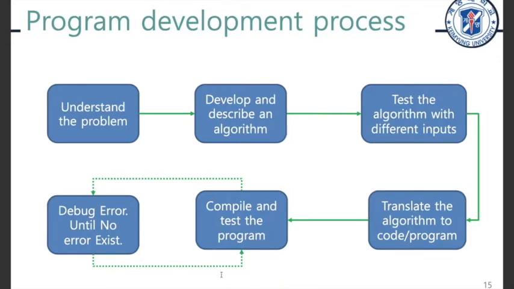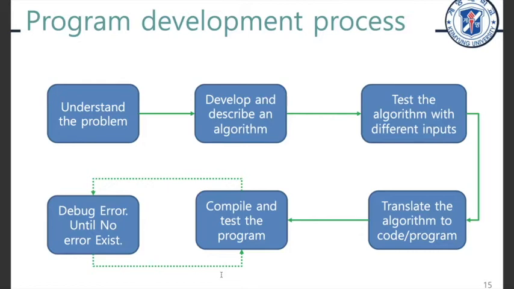We don't just wake up and write a program. First, we have to understand the problem. Okay, this is a problem for Android. This is a problem for iOS. Or this is a problem for video playing. This is a problem for calculation or developing a calculator and other software or apps.